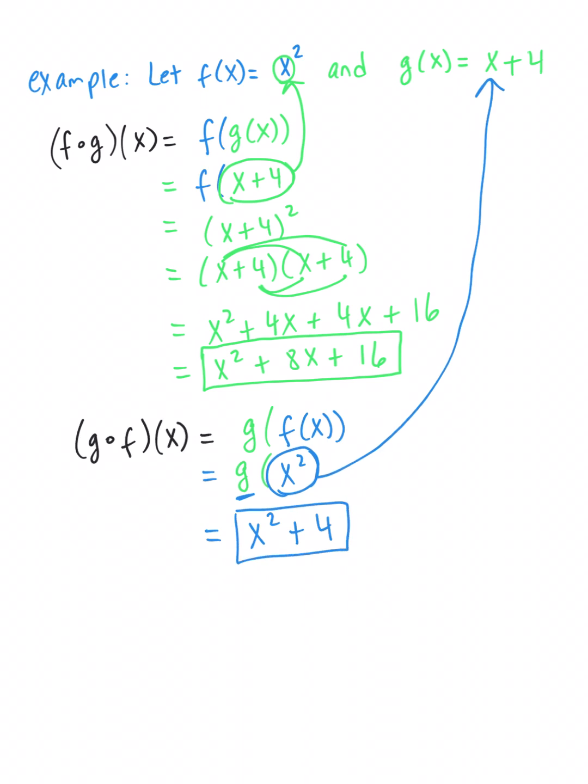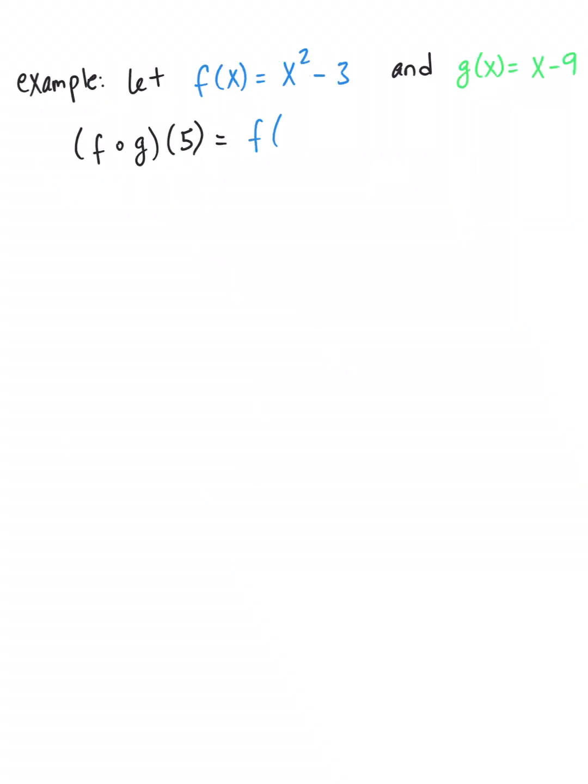Now let's look at some examples where we actually put in numbers for x. In this case, we're going to let f of x equal x squared minus 3 and g of x equal x minus 9. So let's find f of g of 5. First of all, we can rewrite it so it's a little bit easier notation.